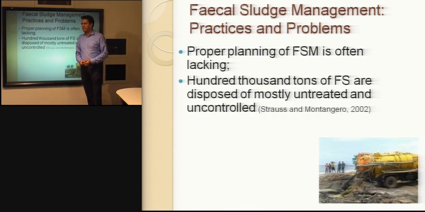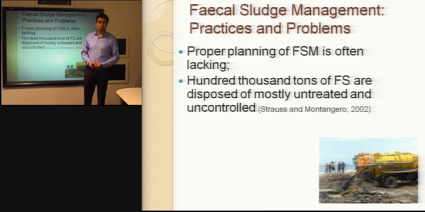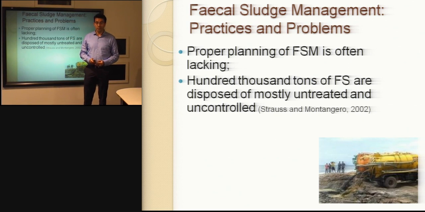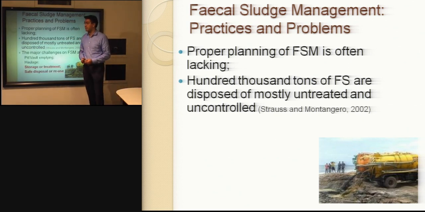What's the problem with fecal sludge management? Usually, one of the main problems is a lack of proper planning. If we consider that there are 1,000 tons of fecal sludge that need to be collected, transported, treated, and disposed of in a safe manner, then we can immediately realize that there is a big issue in dealing with these residues generated in the system.